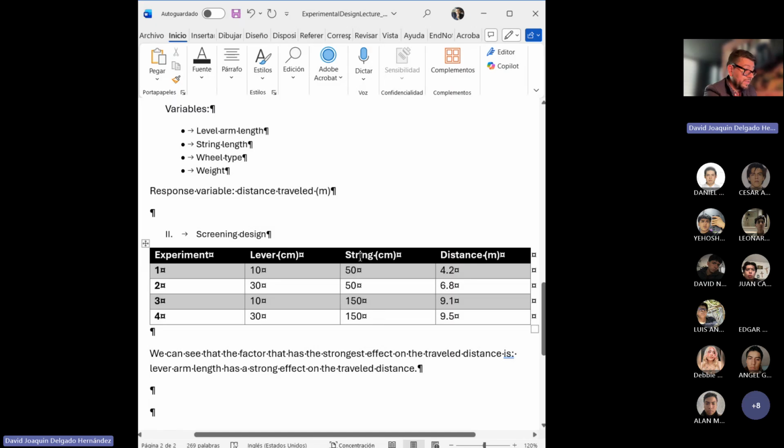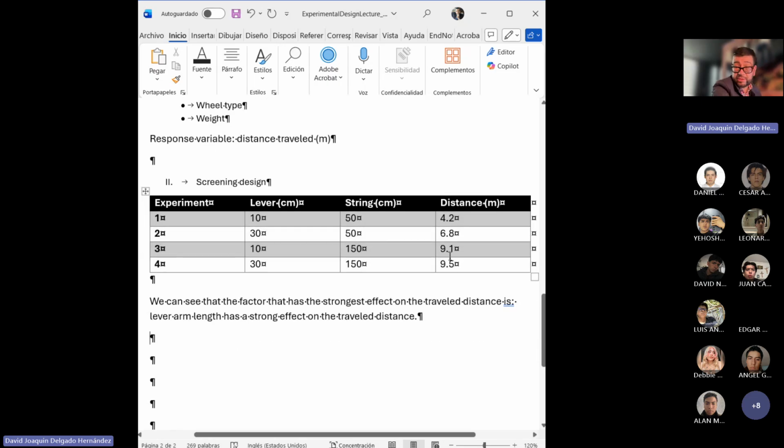If you have 50 centimeters in the string and 30 in the lever, you can improve the distance. And if you have 150 centimeters in the string, again, you have a new improvement, right? Okay. So if you just look at this data, you can have some initial conclusions, okay? This is the screening design.